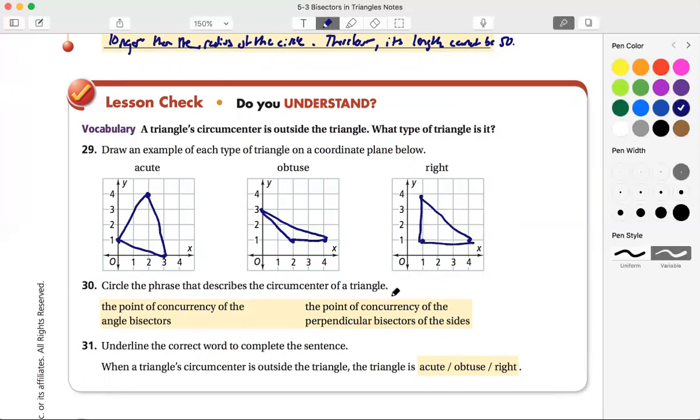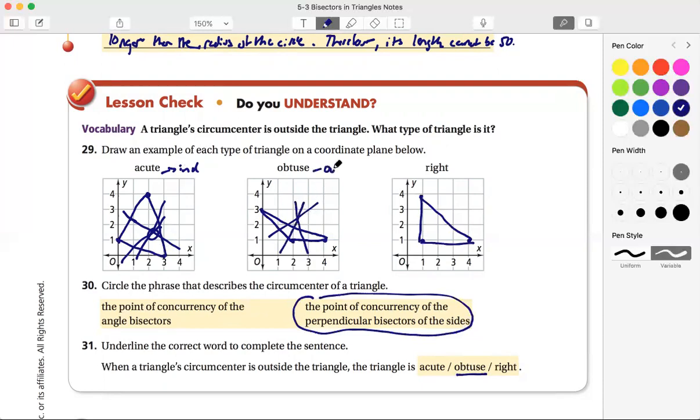So the point of concurrency of the perpendicular bisectors of the sides is the circumcenter. Underline the correct word. When a triangle's circumcenter is outside the triangle, it will be obtuse. Okay, so we have the perpendicular bisectors. Each bisector is perpendicular. The point will be inside for an acute triangle.